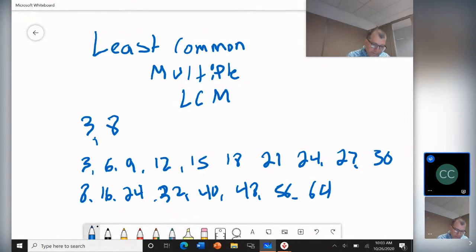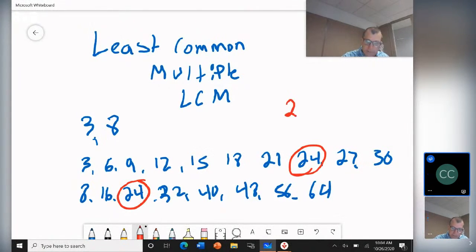Okay, so we're going to go through this and see if we find a number that's common, and we do, 24 and 24. So in this case, the least common multiple is going to be 24. Okay, and I'll talk about why this is so important in a second. So we found 3 and 8, least common multiple is 24.